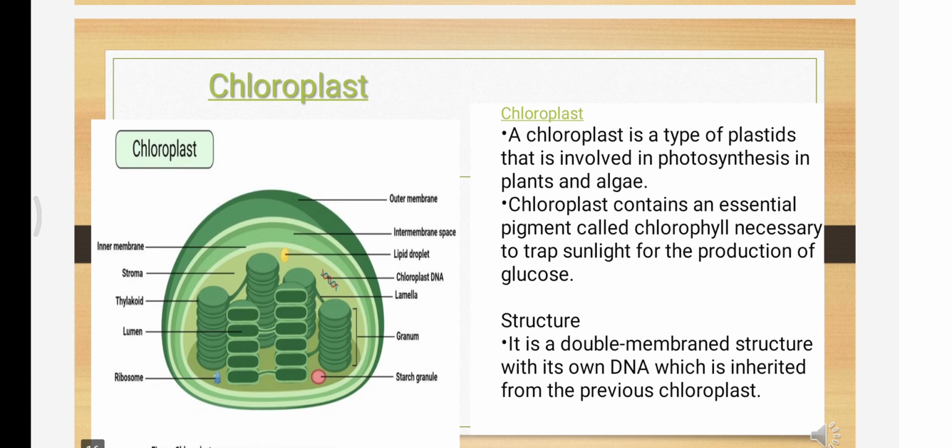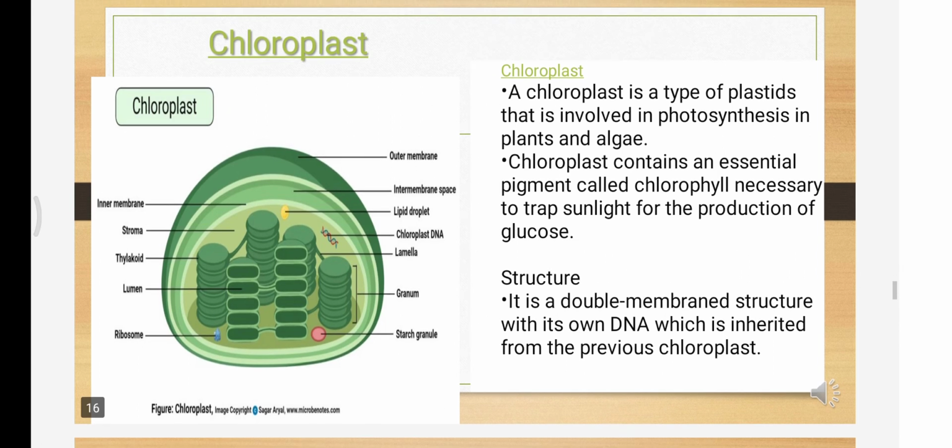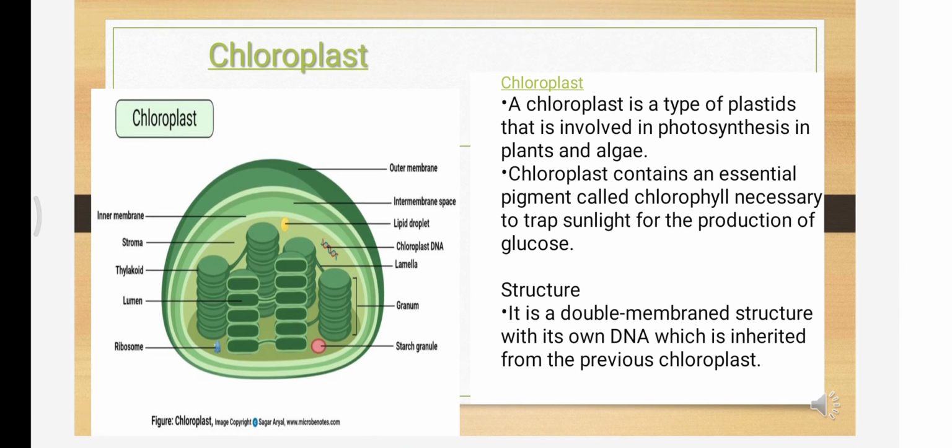Chloroplast. Next organelle: chloroplast is a type of plastid that is involved in photosynthesis in plants and algae.